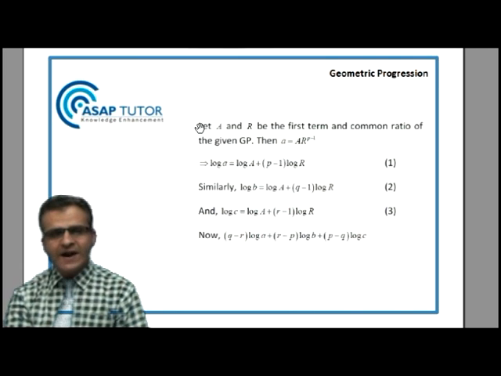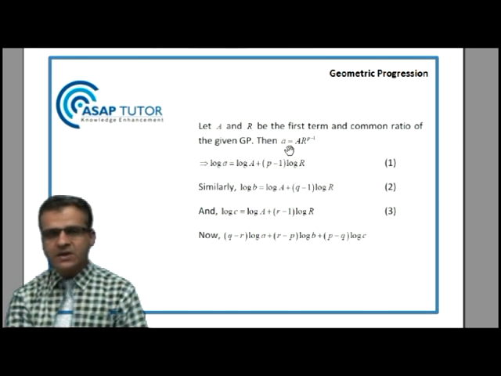Now let's start with the first term as capital A and the common ratio as R. Then we have A is equal to capital A R raised to the power p minus 1, because A is the pth term. Similarly, we have B is equal to capital A R raised to the power q minus 1.